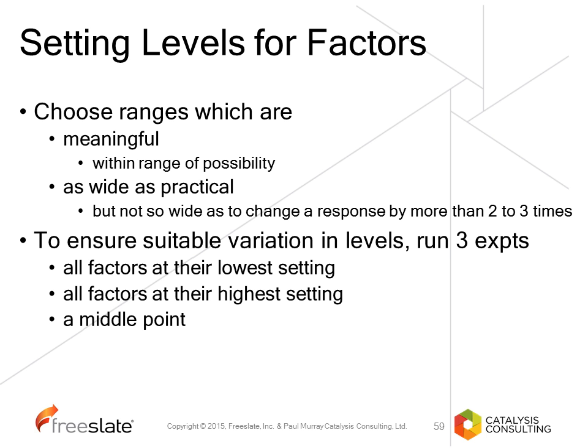It needs to be possible. So there's no point in choosing a temperature range where you're not going to be able to achieve the temperature that you're looking for, or where your reagents will boil off and you will get a different result. So they want to be meaningful, they want to be possible, but you want them to be relatively wide.